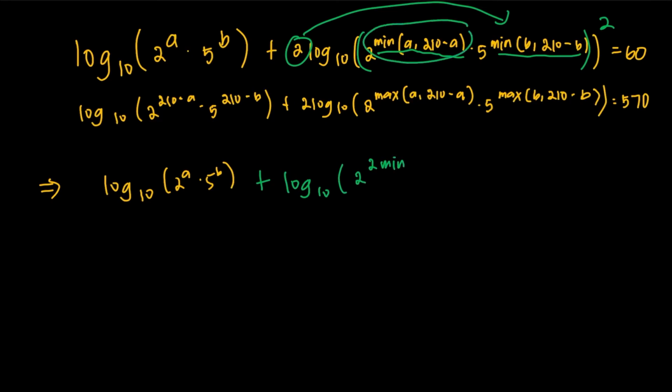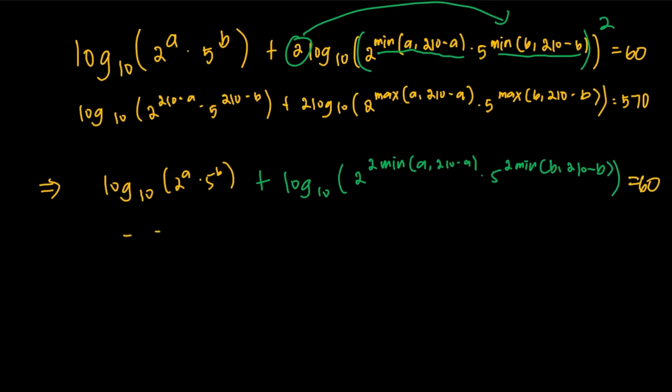Again, the exponents multiply. That's the laws of exponents. So I'm just going to copy this one for the exponent of 2, and same thing for the exponent of 5 over here. And same thing, that's going to be equal to 60 on the right side.